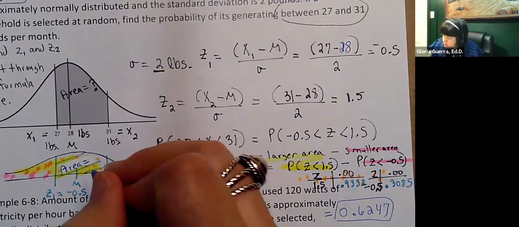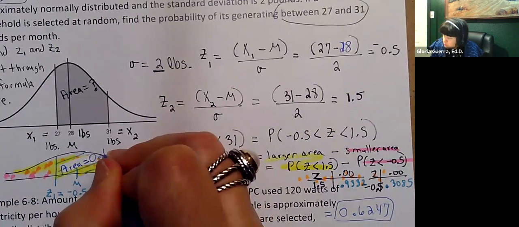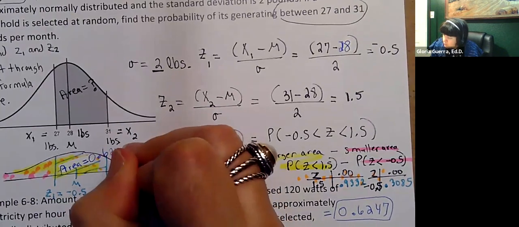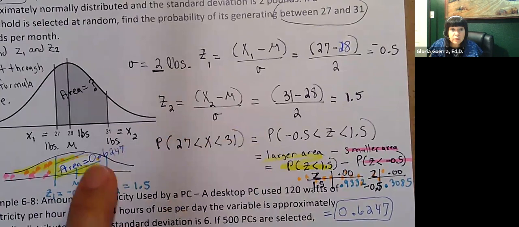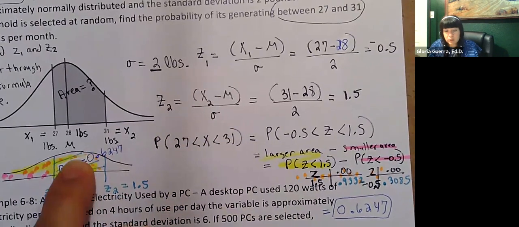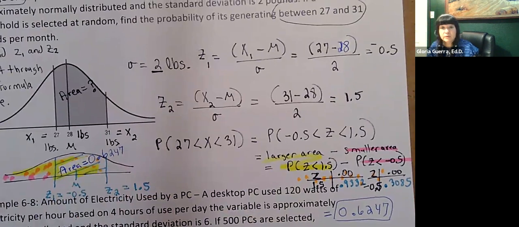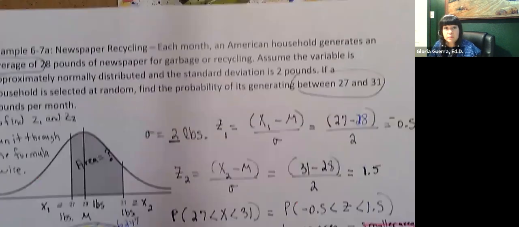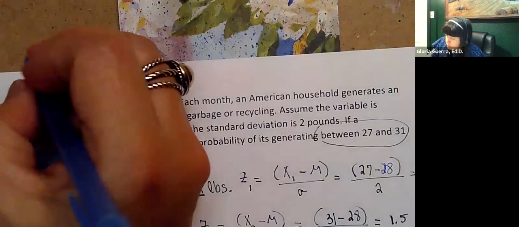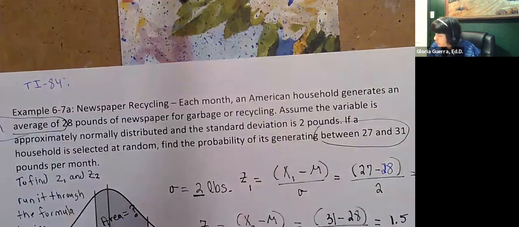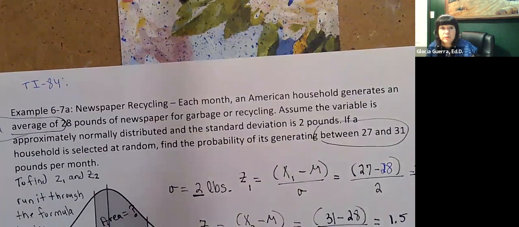Six 247, because that's this little area in here. Now, if I use the calculator, I'm going to go up to the top and use the calculator. Okay, so the first two lines would be the same.